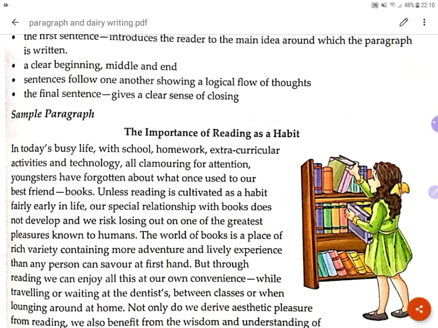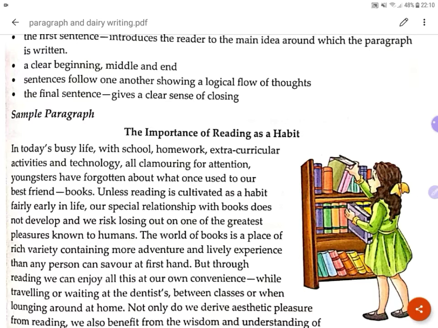Unless reading is cultivated as a habit fairly early in life, a special relationship with books does not develop, and we risk losing out on one of the greatest pleasures known to humans.